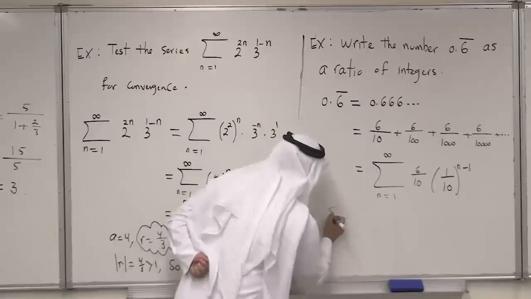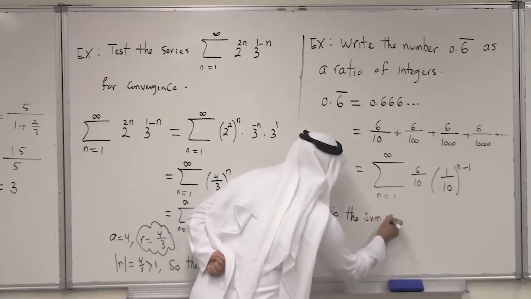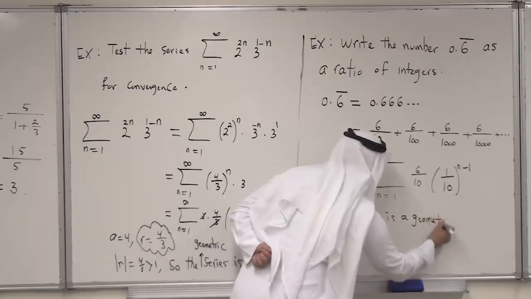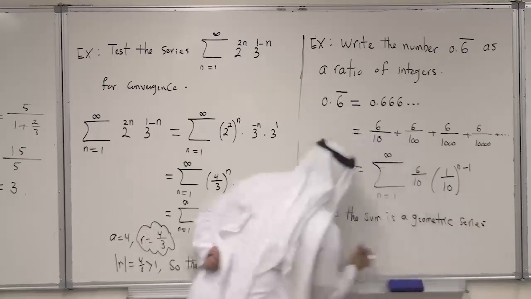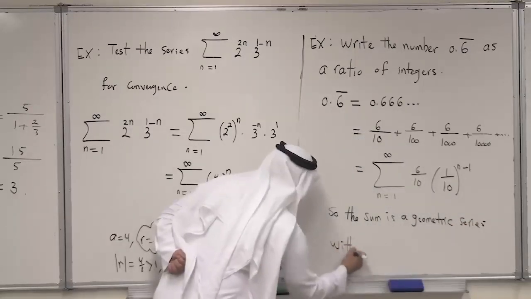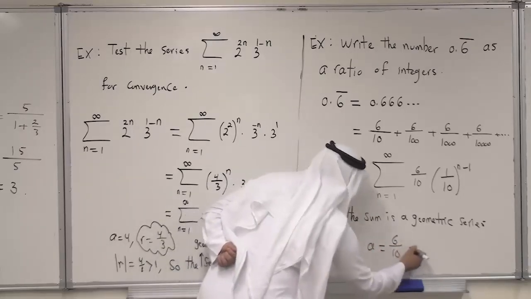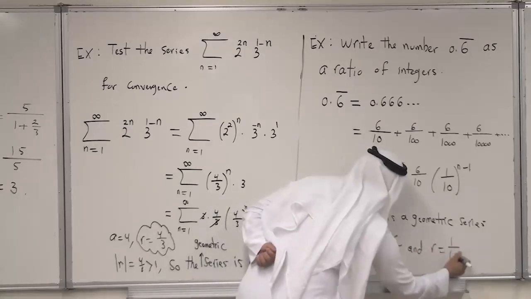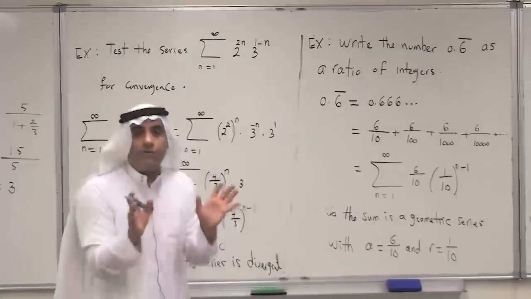So it is a geometric series with the following properties. We have A equal to 6 over 10, and R equal to 1 over 10. Clearly now the absolute value of R is 1 over 10, which is less than 1, so it is convergent.